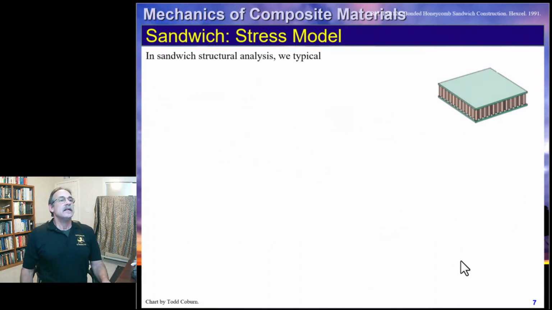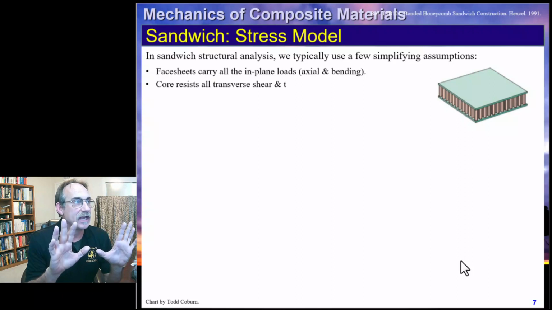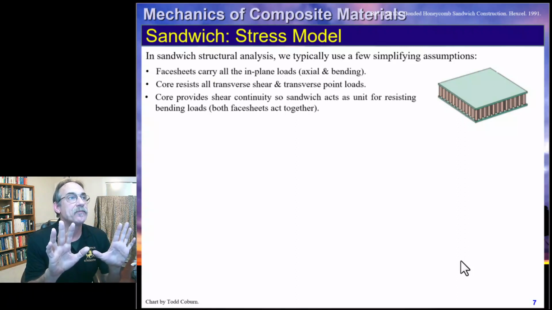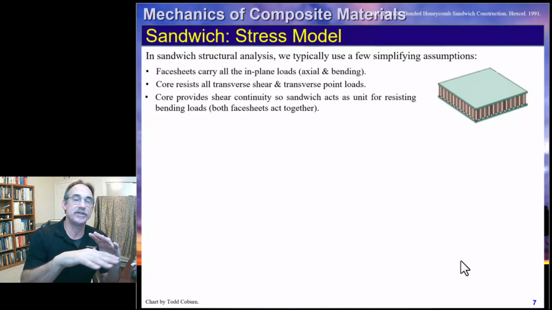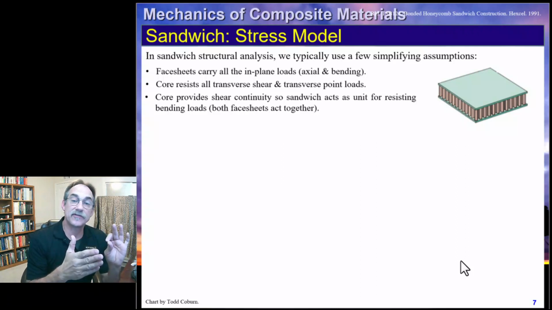Okay, so let's take a look at our stress model. Here's our typical sandwich, and we're going to apply a few assumptions: the face sheets carry all the in-plane loads, and the core resists all transverse shear and point loads, and the core provides that shear continuity for resisting bending.